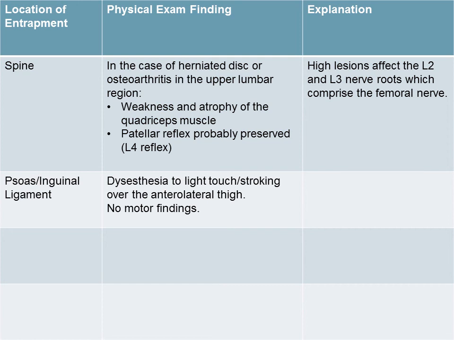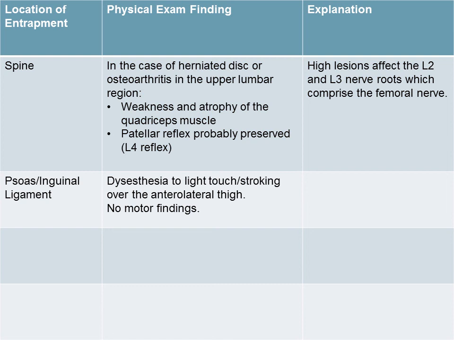However, even though the quadriceps may be involved, it's most likely that the patellar reflex would be preserved. How can that be? Well, the patellar reflex is almost entirely and purely a function of the L4 nerve root. And so as long as the L4 nerve root is unaffected, the patellar reflex would be preserved.